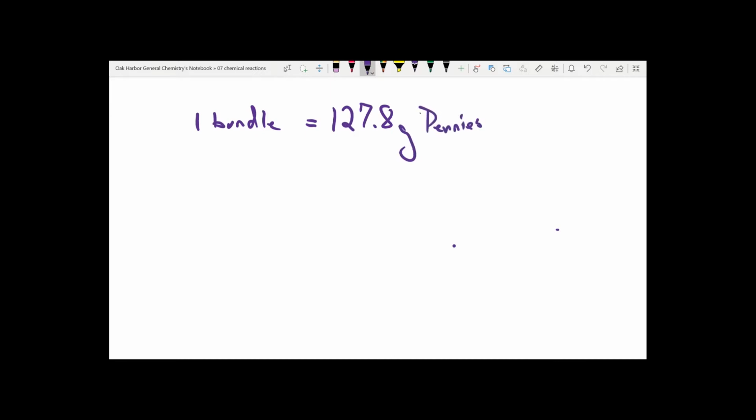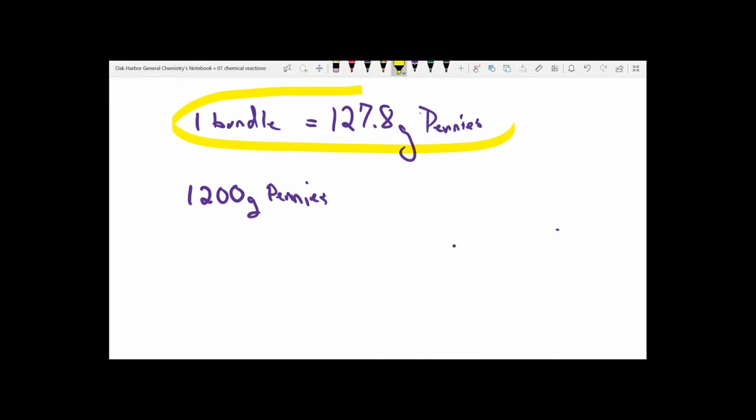The big tray of pennies has a mass of 1,200 grams. So I can use the relationship up here to do the calculation. And it works like this.